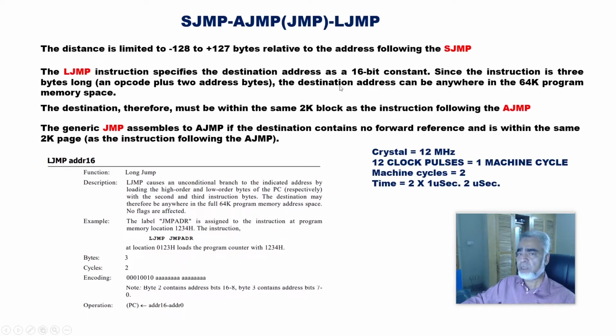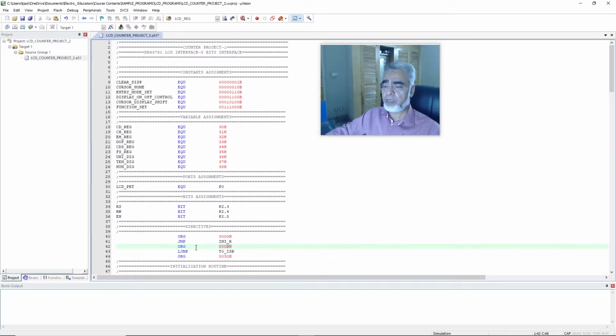Since the instruction is 3 bytes long, opcode plus 2 address bytes, the destination address can be anywhere in 64 kilobyte program memory space. For the instruction AJMP, the destination must be within the same 2 kilobyte block as the instruction following the AJMP instruction. So here we have written ORG 000BH and LJMP to timer 0 interrupt service routine.